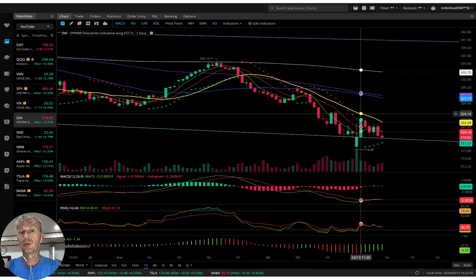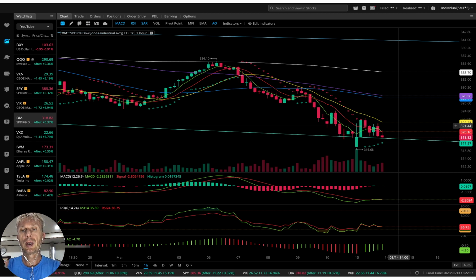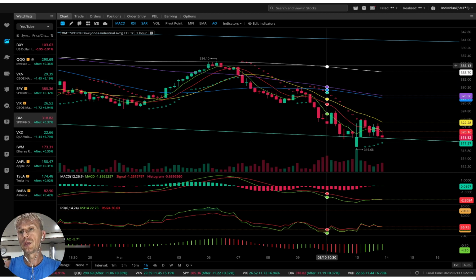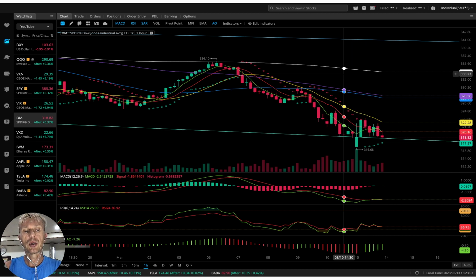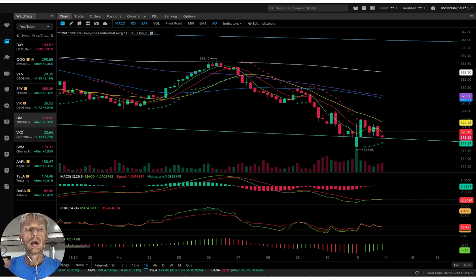MA20 downtrend, it is bearish trend. Even 200 downtrend, all moving averages downtrend, it is bearish direction. 4 hours and daily still bearish, and 1 hour in mixed mode, bullish and bearish.